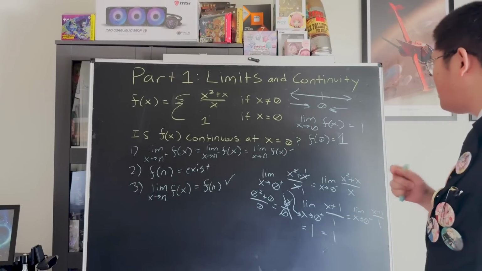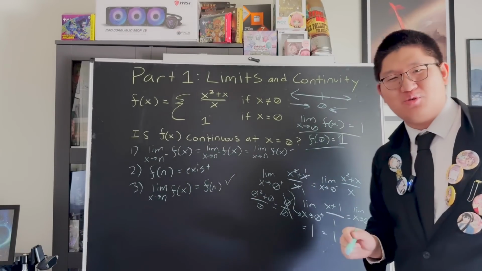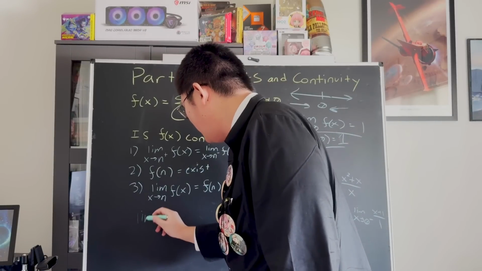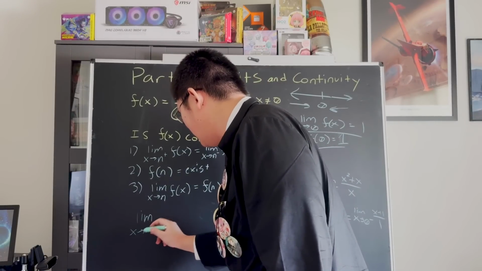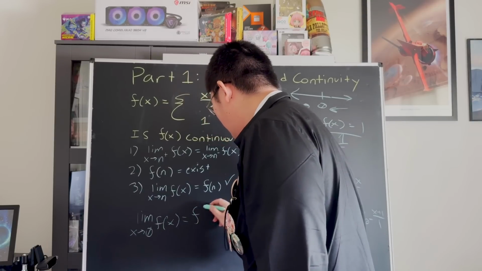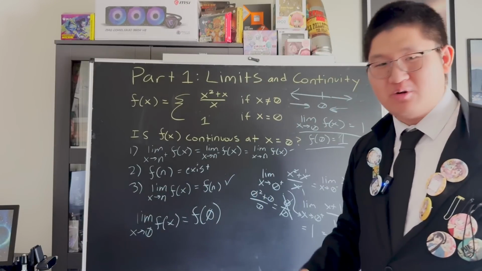Nice. That's pretty good, because when you look at that, the function point and the actual limit are both equal to each other. So with our last line of work, we can show that the limit as x approaches 0 for the function on both sides is exactly equal to the function point if we plugged in 0 directly.